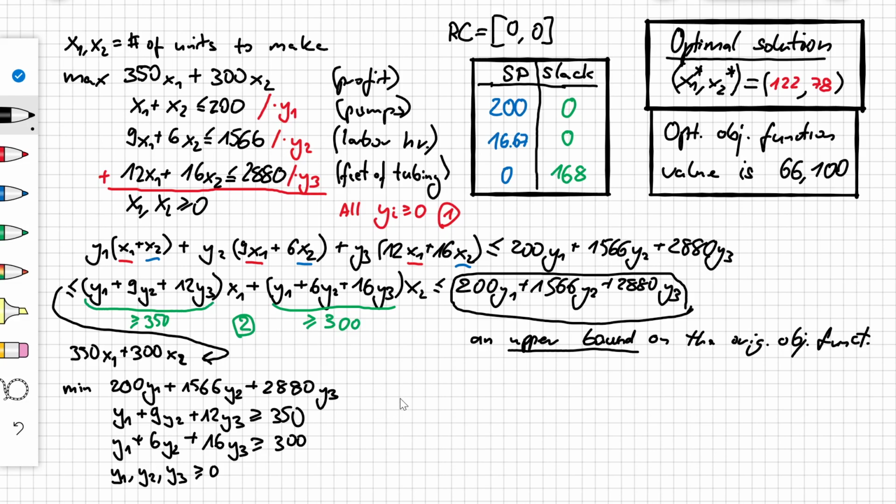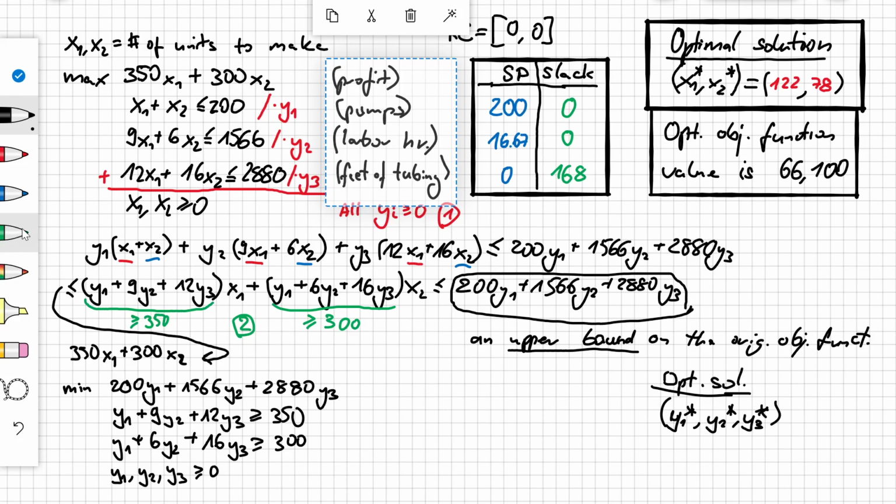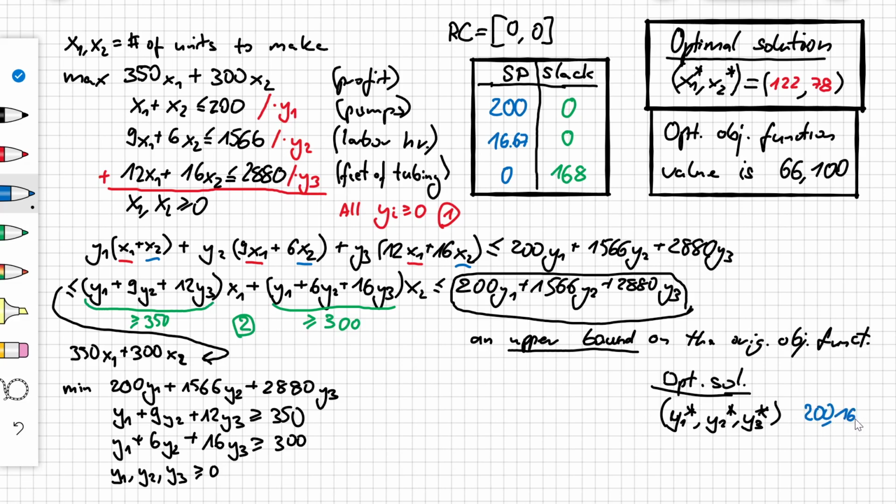What's interesting is if you solve this problem, you will obtain the optimal solution y1 star, y2 star, y3 star, which is surprisingly 216.67 and 0. And I want you to see, what is that?